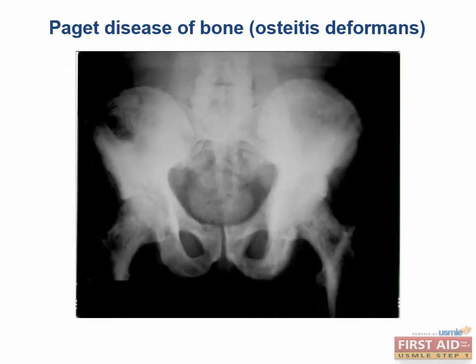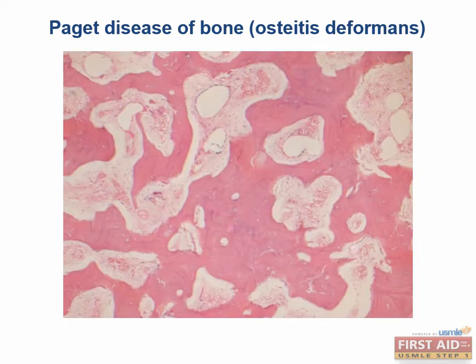This X-ray, on the other hand, shows sclerotic areas and coarse trabeculation in the pelvis. The appearance is not only at the macroscopic level like we saw in these X-rays, but also at the microscopic level, when looking at the architecture of the bone histologically. This can also be described as thickened trabeculae with mosaic pattern.